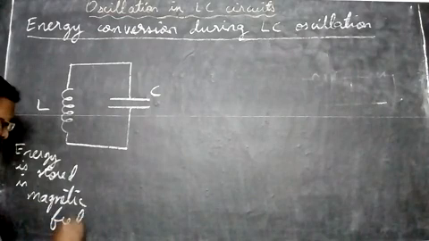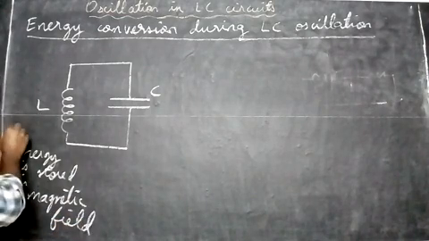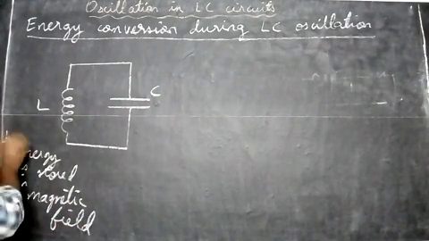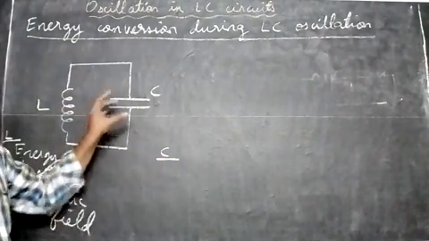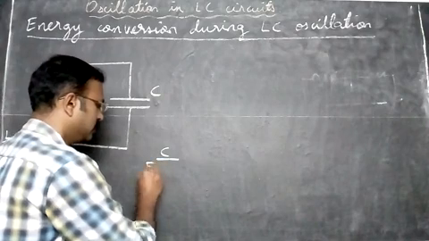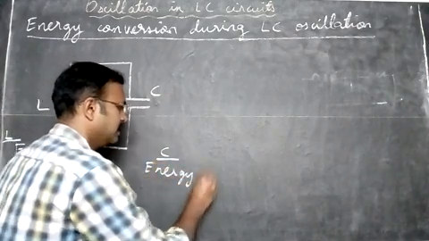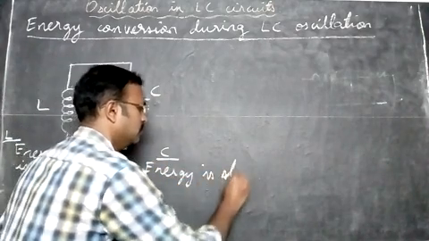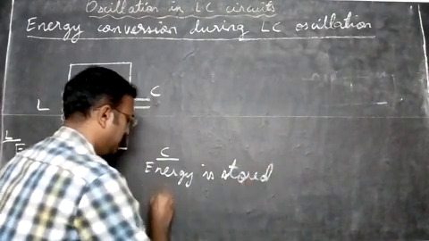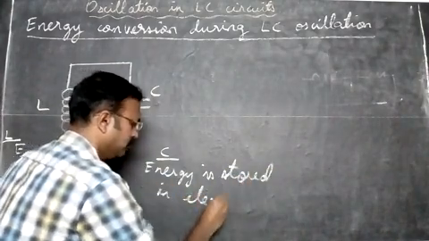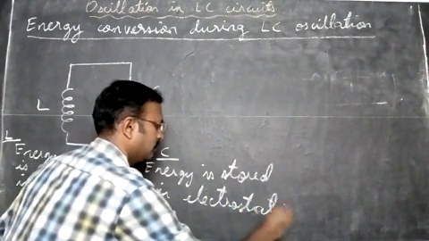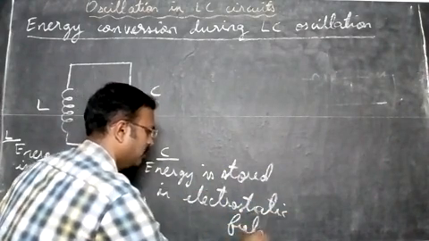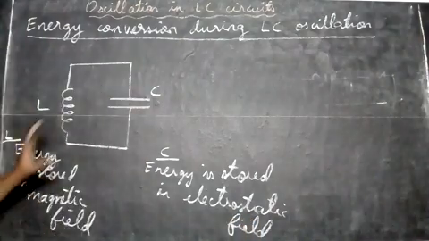In the capacitor, energy is stored in the form of electrostatic field. This is the magnetic field and this is the electrostatic field.